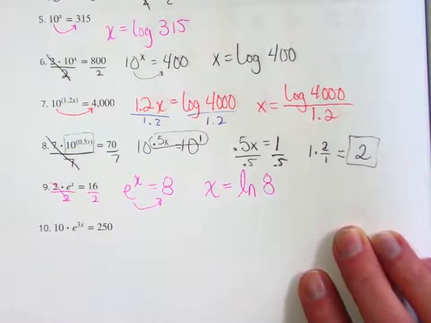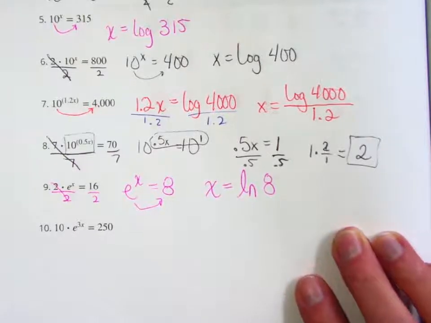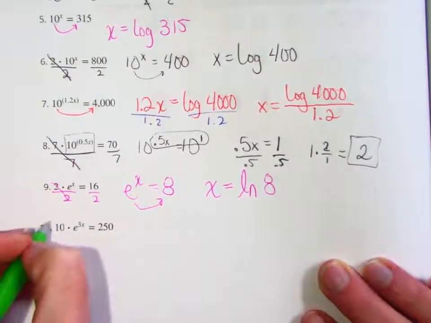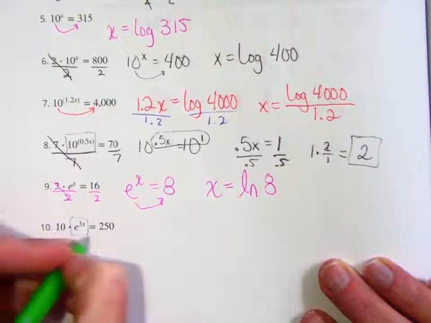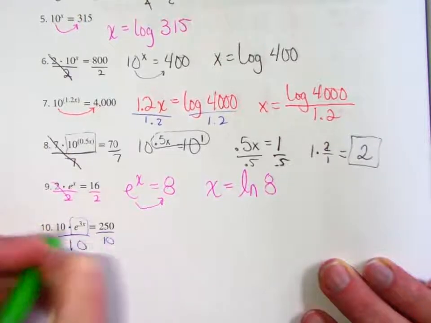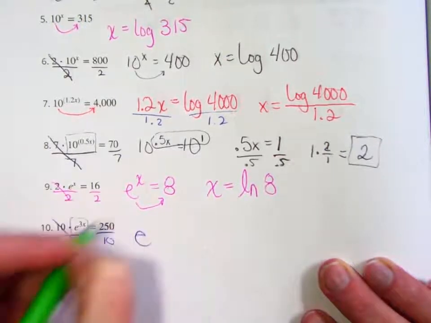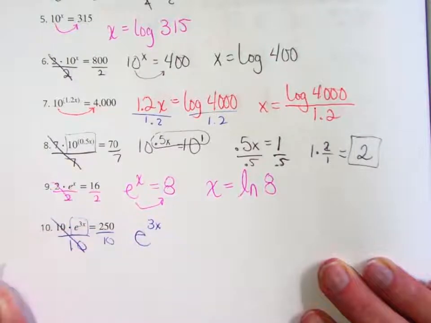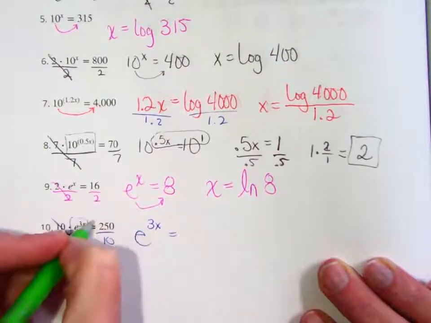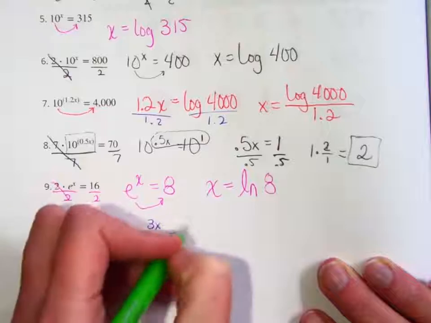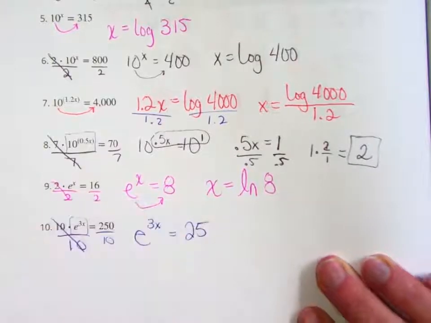And last but not least, number 10. We have an exponent, but we can divide both sides by 10 first. 250 divided by 10 is 25.